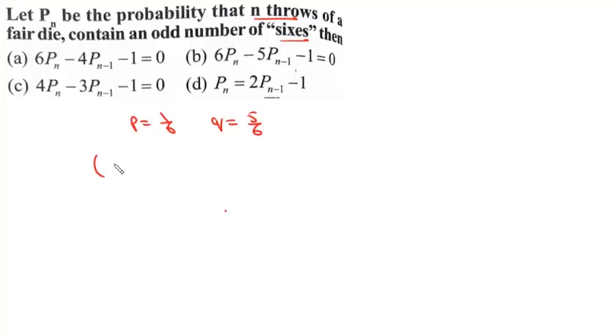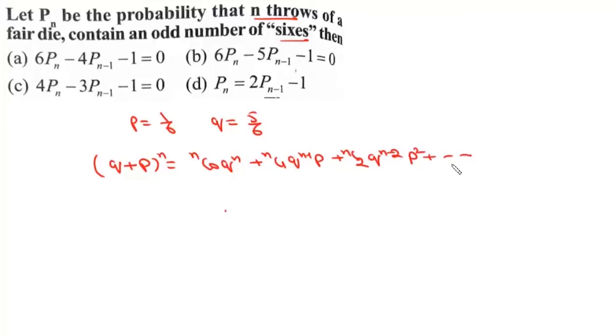Now if we throw n dice, then we can write this as q plus p to the power n, and it will be nC0 q to the power n plus nC1 q to the power n minus 1 p, nC2 q to the power n minus 2 into p square, and if we take q minus p, it will be q minus p to the power n, nC0 q to the power n minus nC1 q to the power n minus 1 p, and so on and so forth.